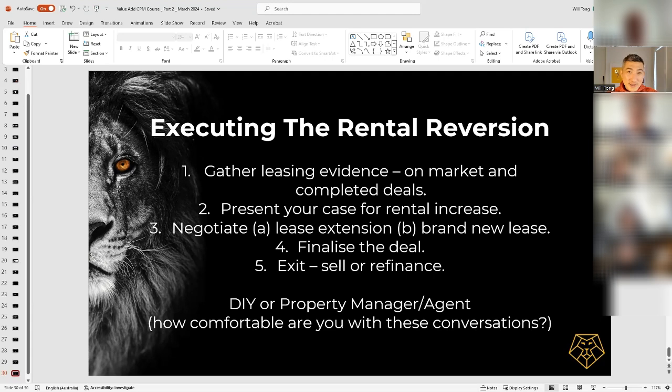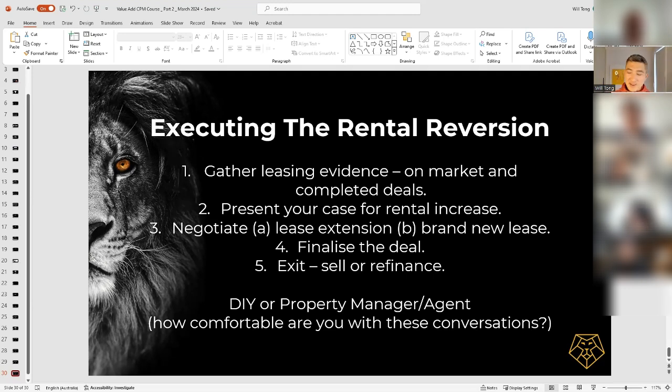There's no right or wrong. Everyone's got their strengths and weaknesses. If you're not comfortable with negotiating, that's totally fine. You get your property manager to do it. You pay them a fee for it, but the result you expect them to deliver is going to be more than the fee you pay them.